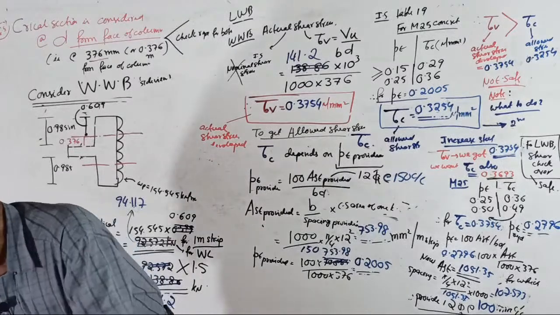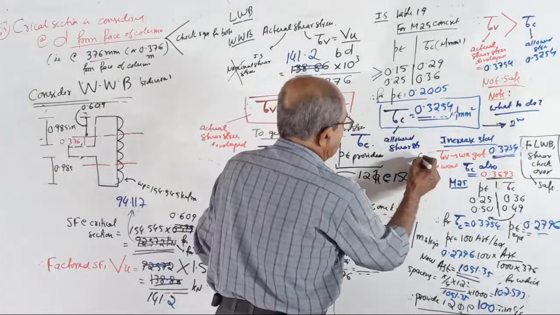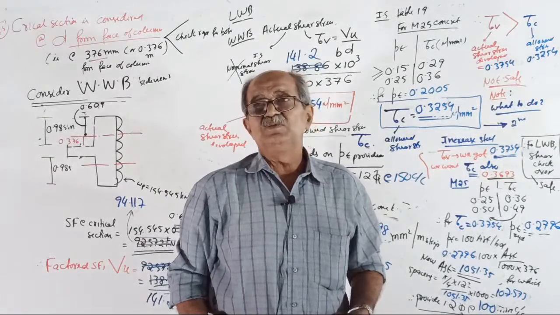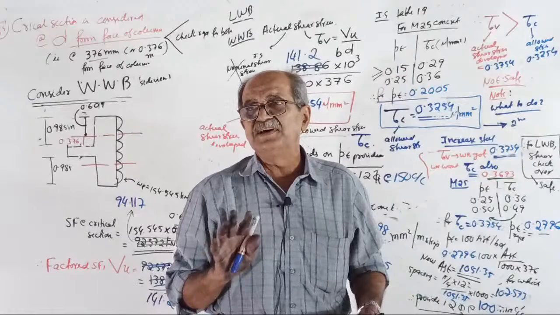Further checks are there. This question I am not telling because this is only a demo question. Remember, in design of footing there is a check for bearing pressure. Here I will not do it because of the reason.